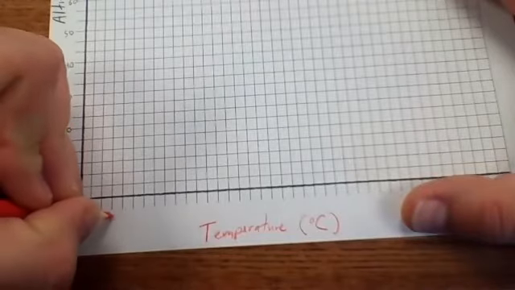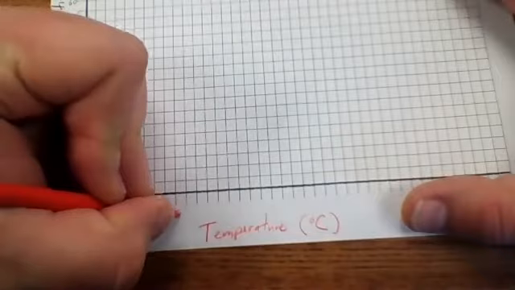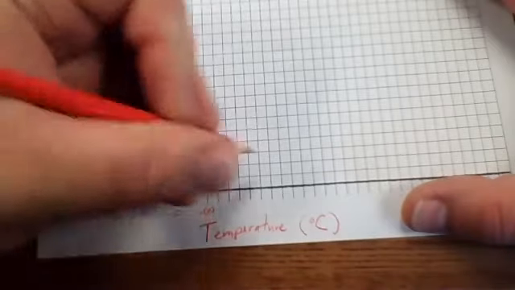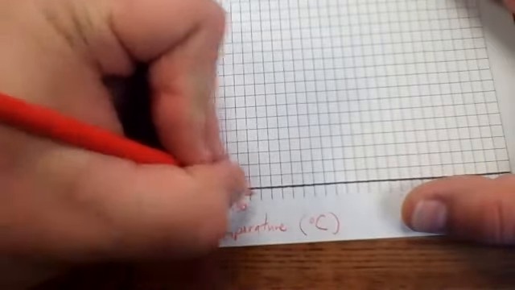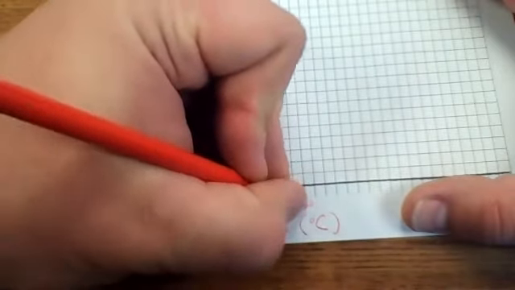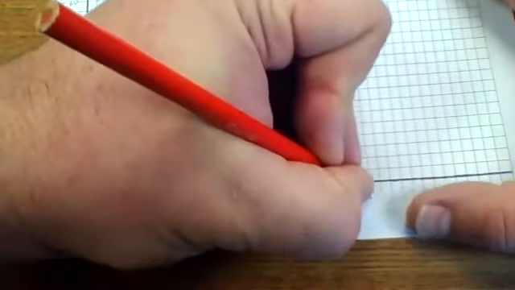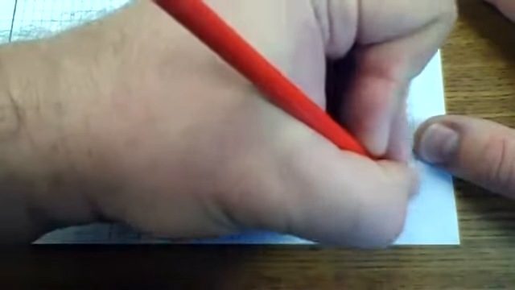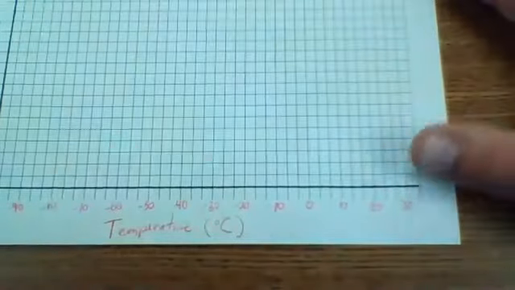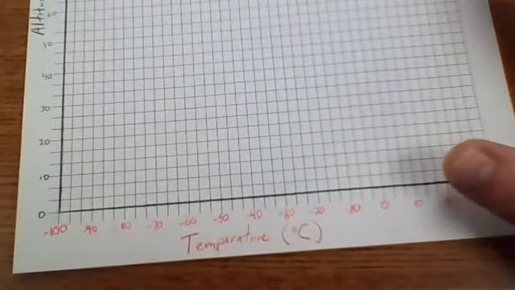So this is going to be negative 90, negative 80, negative 70, negative 60, negative 50, negative 40, negative 30, negative 20, negative 10, 0, positive 10, 20, and 30. And it looks like I've got one extra little space, so it looks like I numbered pretty well overall.